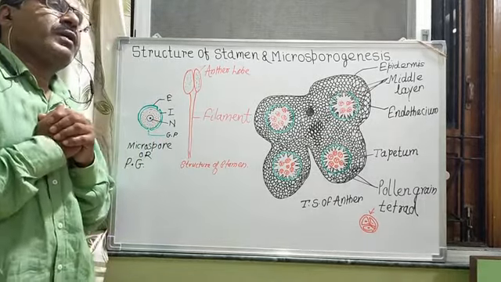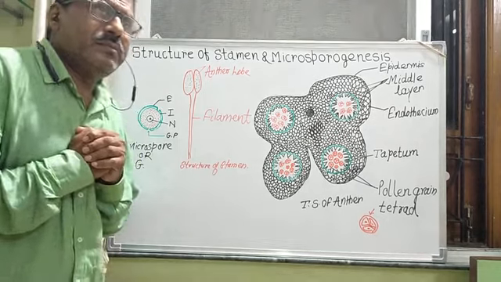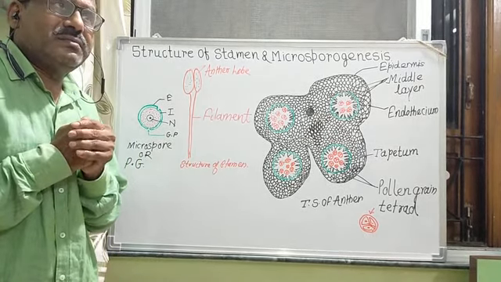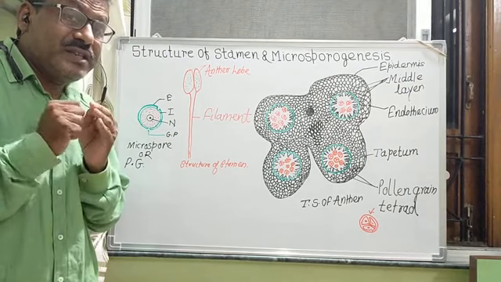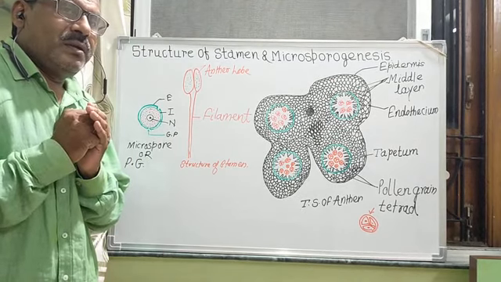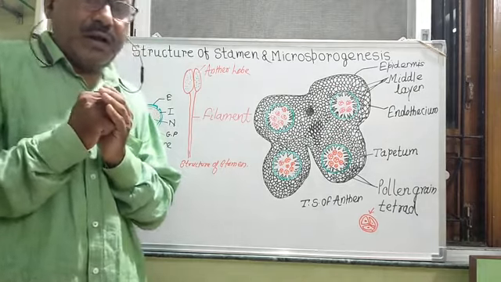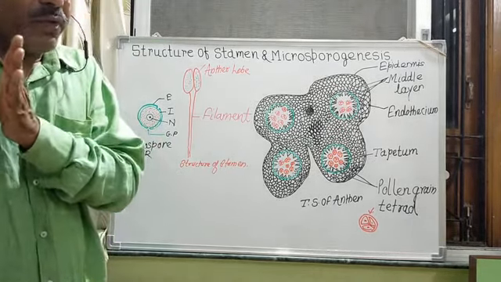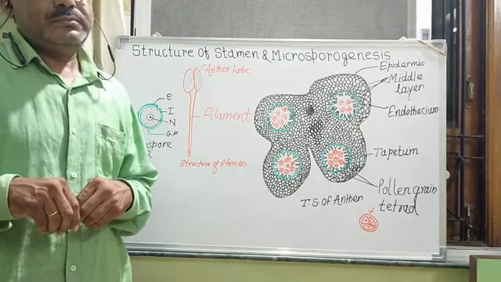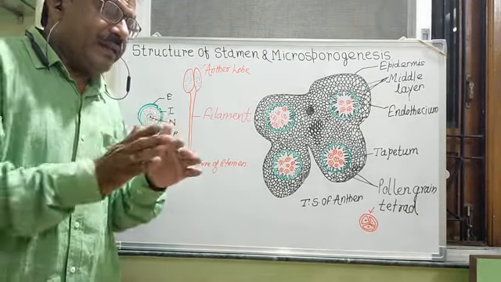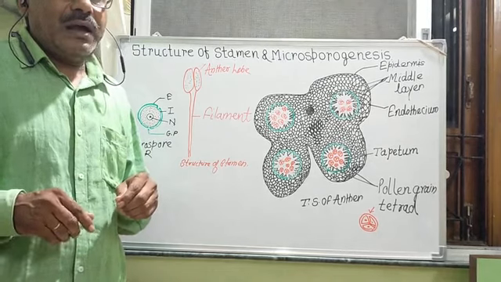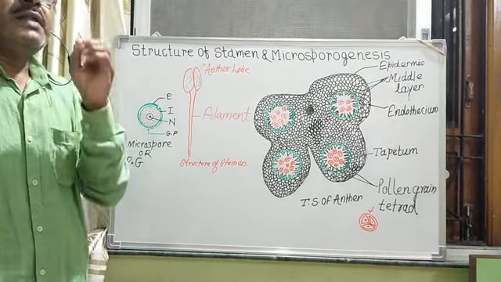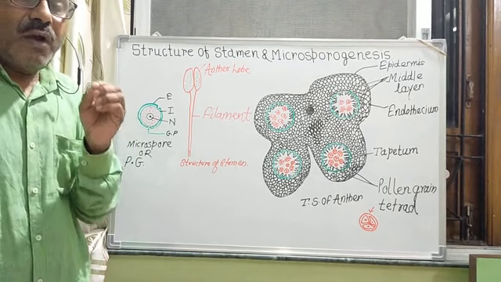Again, the essential organs of the flower are androecium and gynoecium. Calyx and corolla are accessory organs, that means they are not necessary.